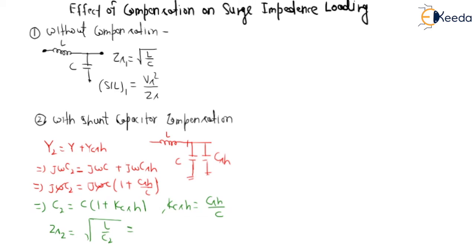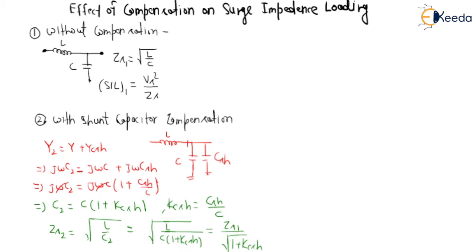So under root L upon C2 means under root L upon C times 1 plus KCSH. So we can also write this, under root L upon C means Zs1, upon under root of 1 plus KCSH. So Zs2 is equal to this.